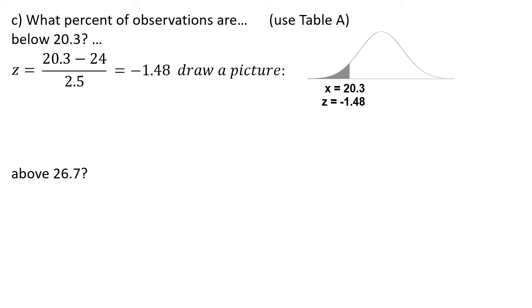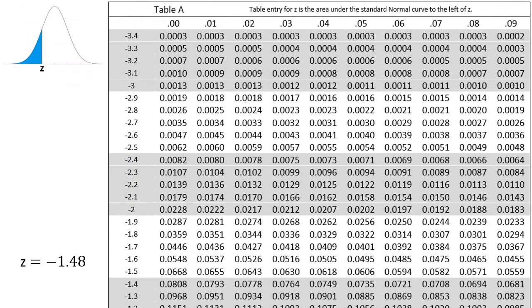Now, we want to take our z-score of negative 1.48, and go to the table, which will give us the area to the left, and that's what the table does. So I find the whole number and the tenths place in the left column, and the top row gives me my hundredths place. Together that's negative 1.4 and then 8 at the top.